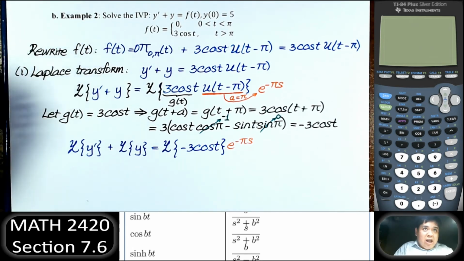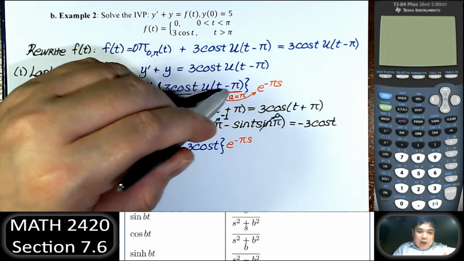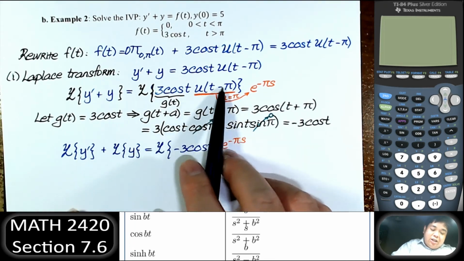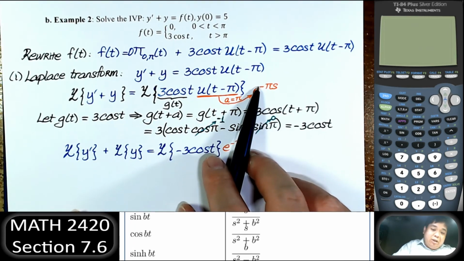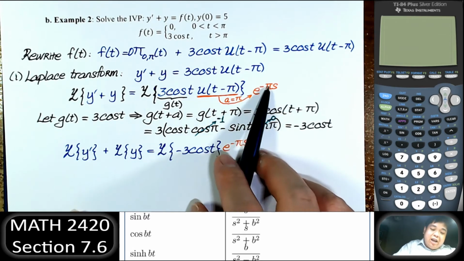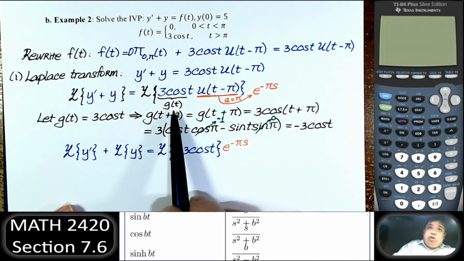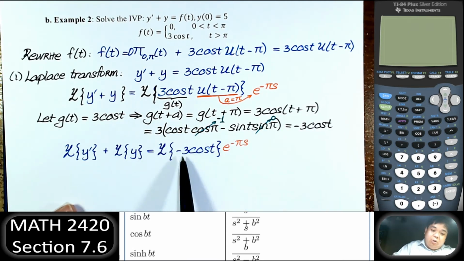The transform of the unit step function is e to negative a s, and then we take the transform of g of t plus a instead of g of t, and that is what we have here.